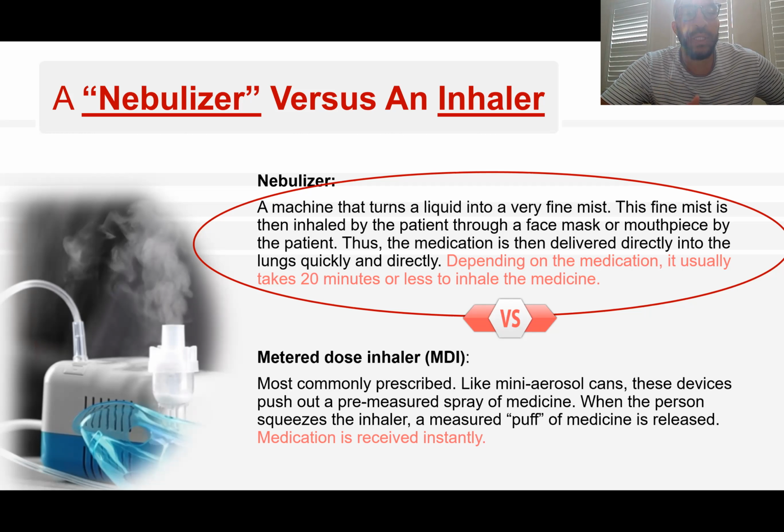This is most commonly prescribed, very similar to a small aerosol can, where the device pushes out a pre-measured amount of the medication. And when the person squeezes the inhaler to take that gulp, they inhale that medication directly to the lungs, and it's a measured amount of medication in that puff.